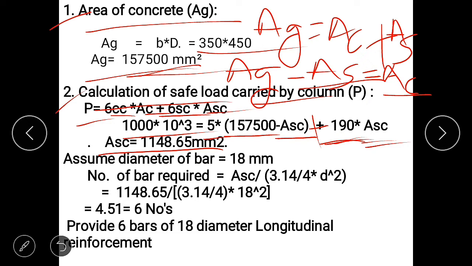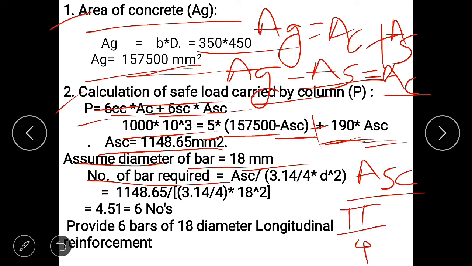In the introductory part we assume that the diameter of column bars is greater than 12, so here we assume the diameter of bar is 18 mm. How do we find the number of bars? The formula to calculate the number of bars is ASC divided by pi by 4 into D square. Here D is 18 mm.